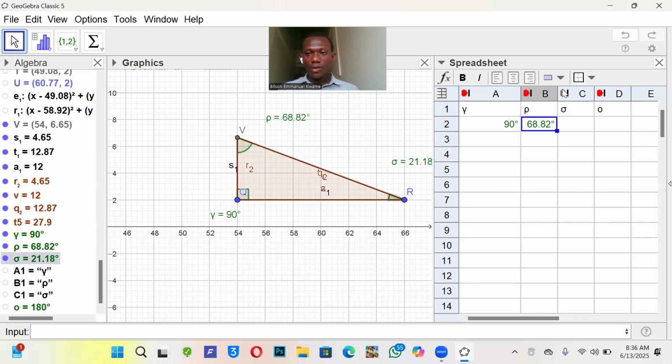So you tap on this red button to show them, right? So it means that 90 plus 68.82, when we add all the sums together, we are going to get 180 degrees, right? So this is how we use the input field and the spreadsheet to find the sum of interior angles of a triangle. Well, I hope it is clear.